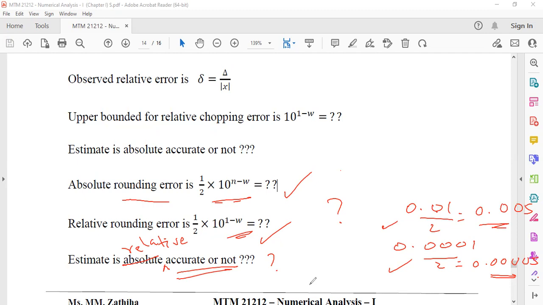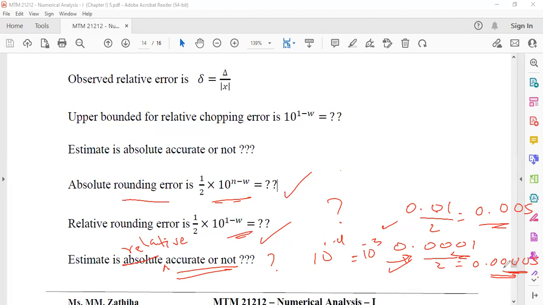Yes. It's a 3. This one 10 to the power 1 minus 4, no? 10 to the power minus 3. So this will be this one. So you have to take one more 0.5. Am I right or wrong? 0.0000, sorry. 0001.